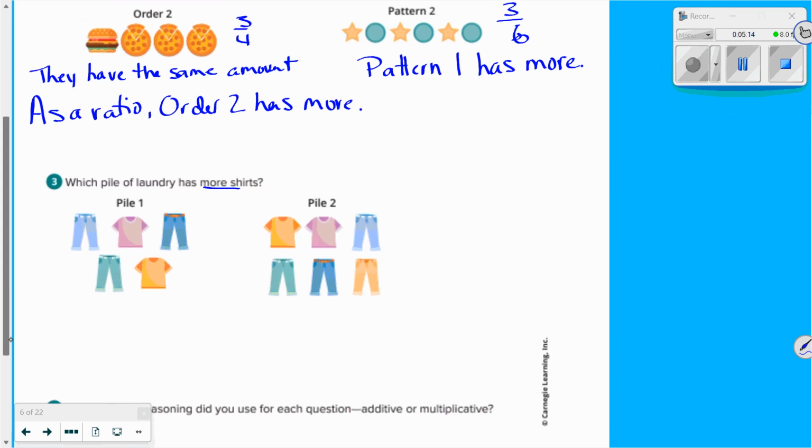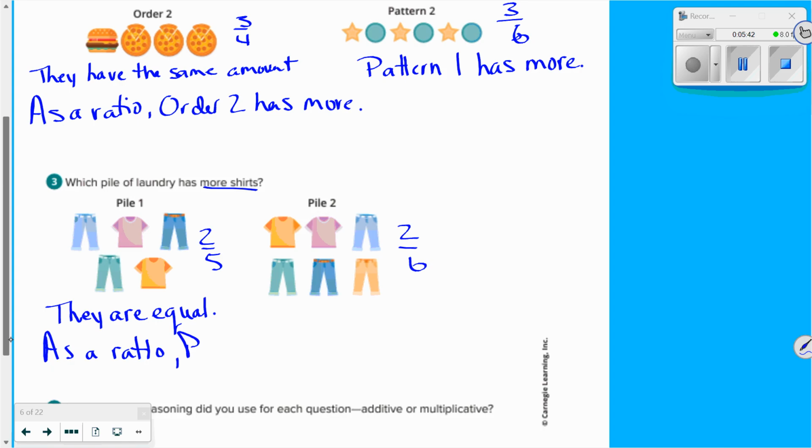Okay, which pile of shirts has more shirts? Pile 1 or pile 2? Okay, so they are equal. Why not? Because pile 1 is 2 out of 5. So, as a ratio, pile 1 has more.